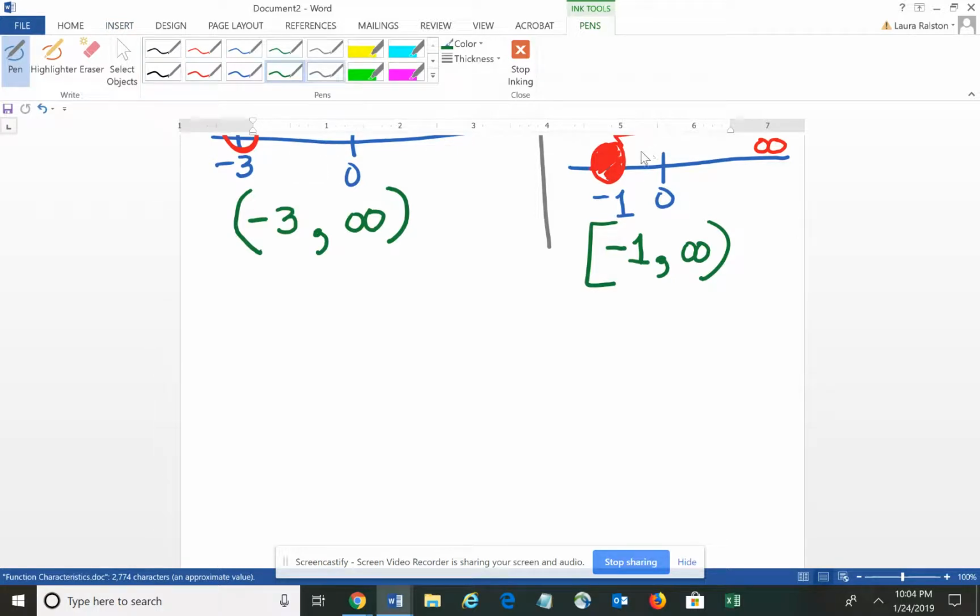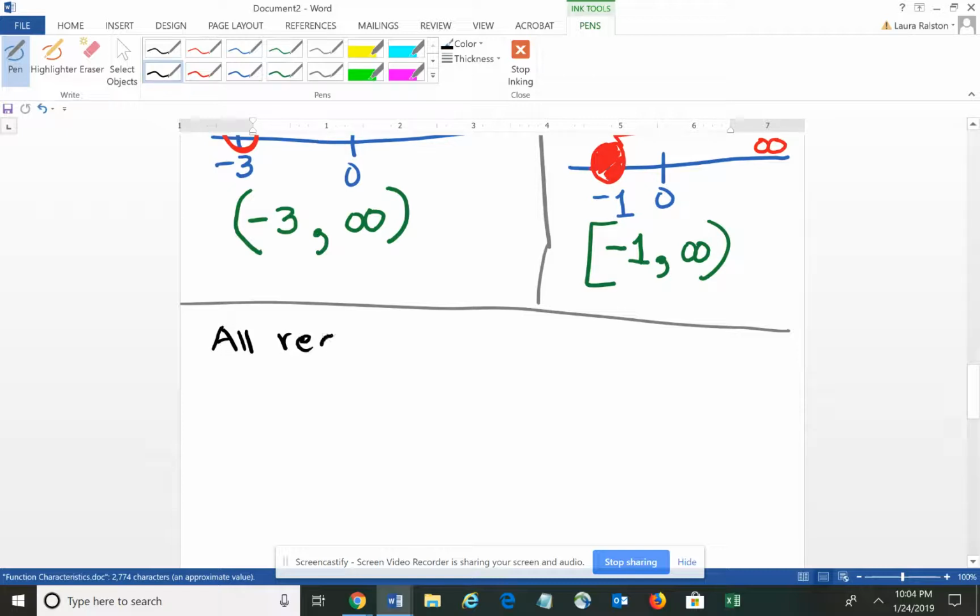One other one that you sometimes see as we progress on throughout the course that you're going to run into is the idea that x can be all real numbers. The idea that it's all real numbers means it could be any number that we can see, we can touch, we can hear, basically any number that's on the number line.